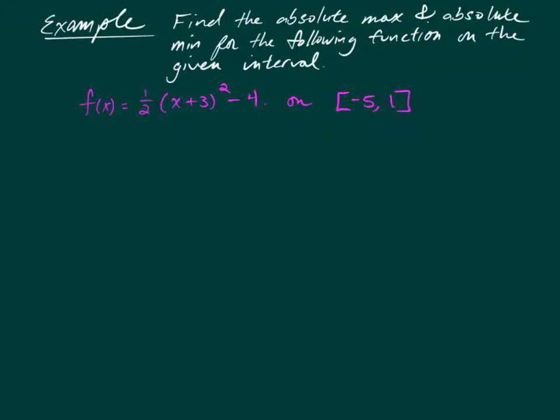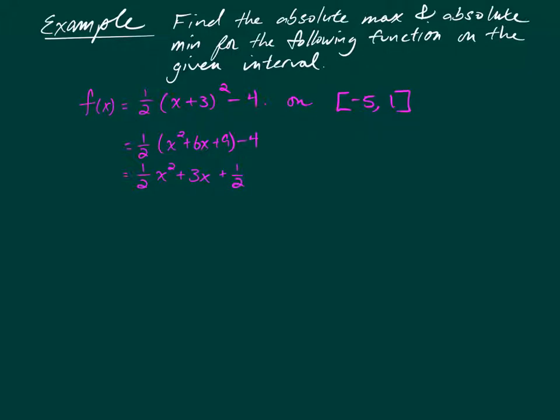The reason I can tell you that is, well, I guess I can prove it to you. If you square out this binomial, you'll end up with x squared plus 6x plus 9, all of that multiplied by 1/2, and then over here minus 4. And so when you distribute the 1/2 and combine the 1/2 times 9 and then subtract 4 from it, you end up with plus 1/2.